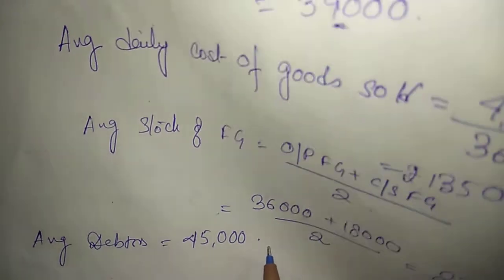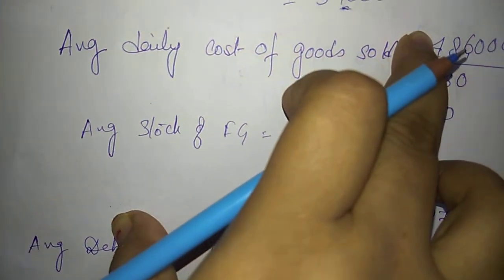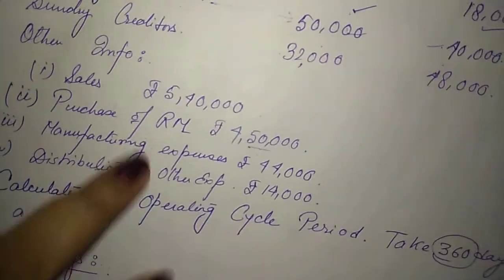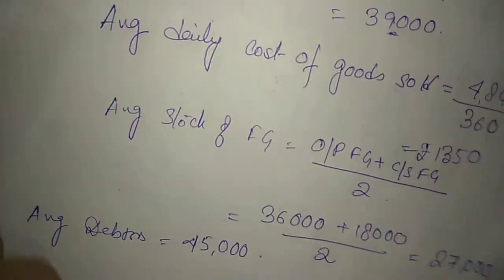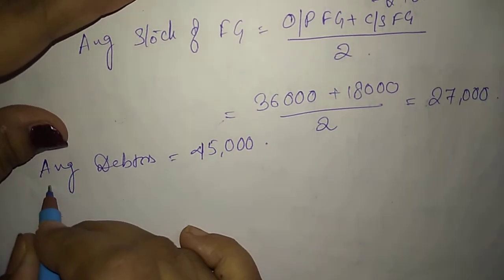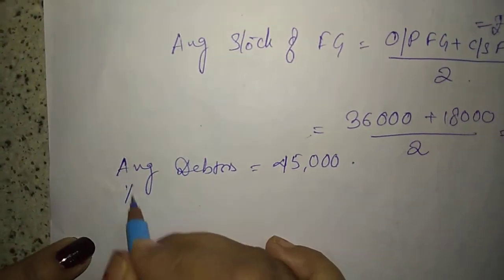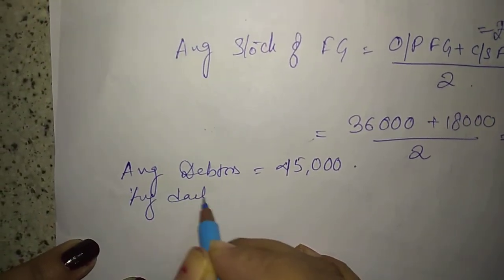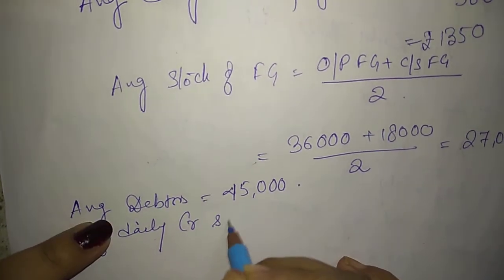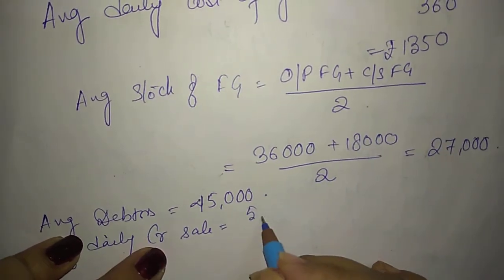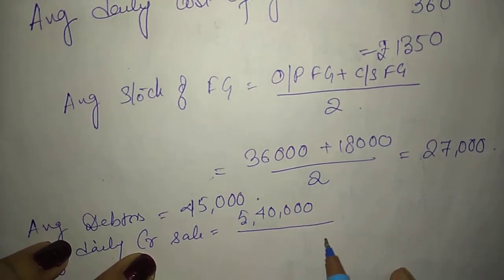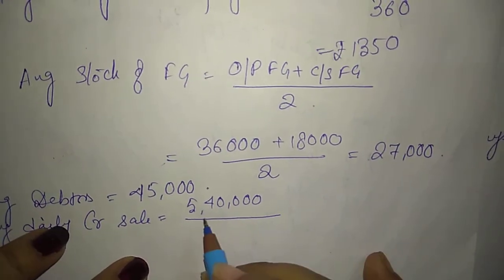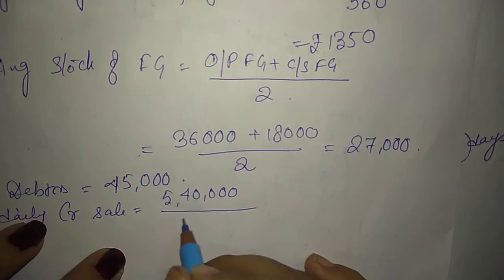And daily credit sales. Okay. We don't have information regarding credit sales, but we have information regarding sales. So in absence of any information, we'll assume that my entire sale is on credit. So average daily credit sale, that is 5,40,000 divided by 360 days.